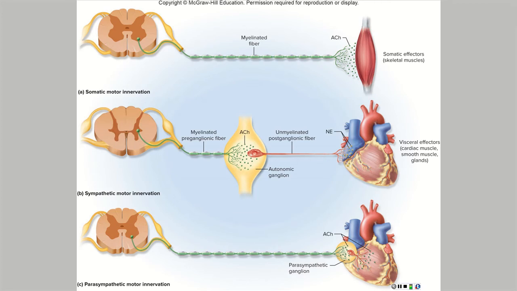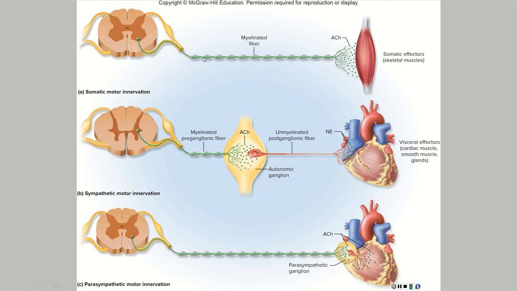So here let's look at some specifics. When we've been talking about nerves and what their effectors are up to this point, we've been talking about the somatic nervous system, things that control skeletal muscles. So here we have one single myelinated neuron that goes from the central nervous system all the way out to the skeletal muscle, the effector organ.